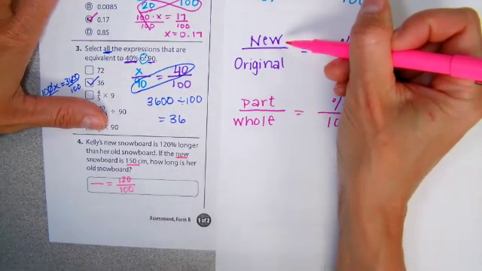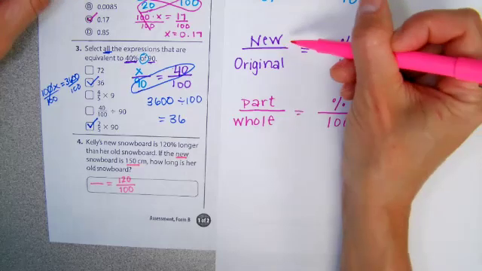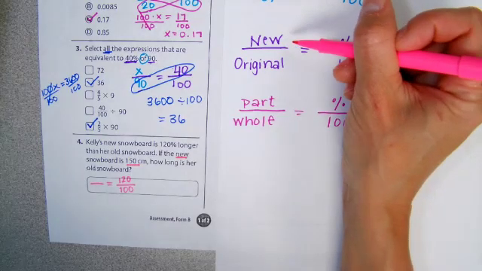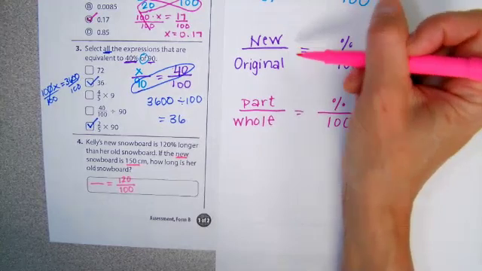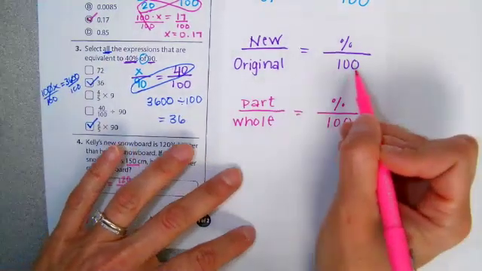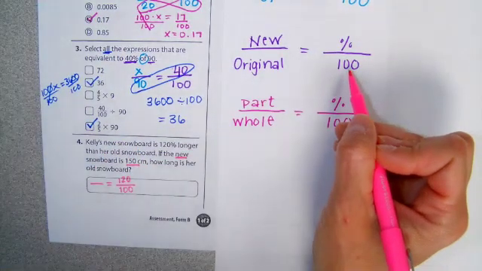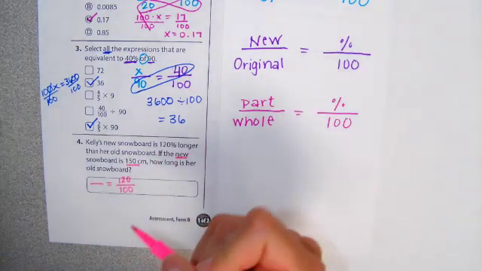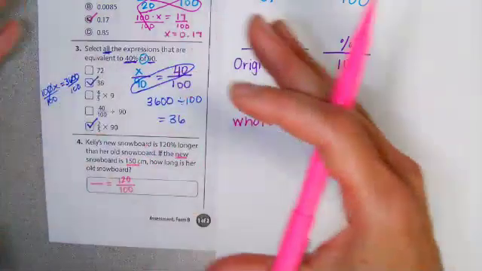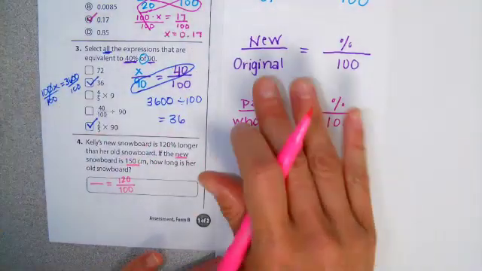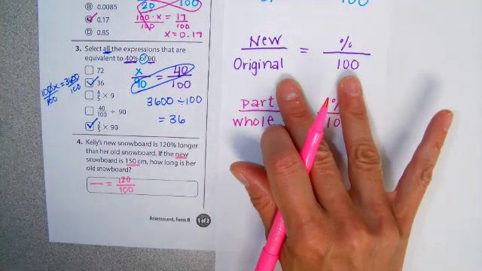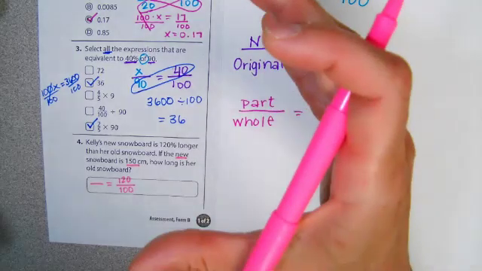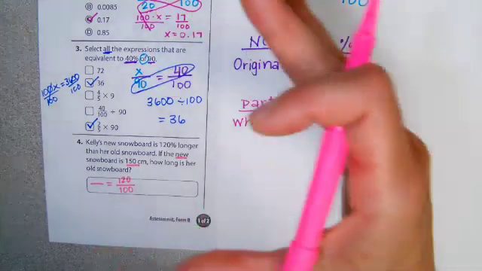That new amount is technically your part, because the original was the 100%. I know it's kind of crazy because you're like, but that's going to be bigger. Well, sometimes we're blowing things up, which is why the 100%, the whole, is the original. This one's just blowing it up.